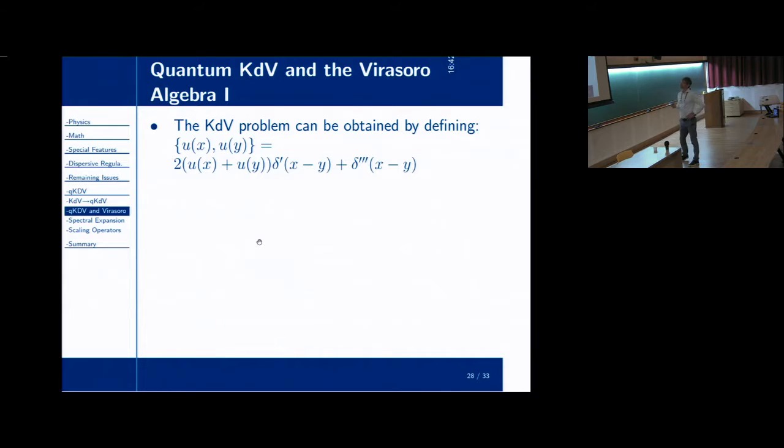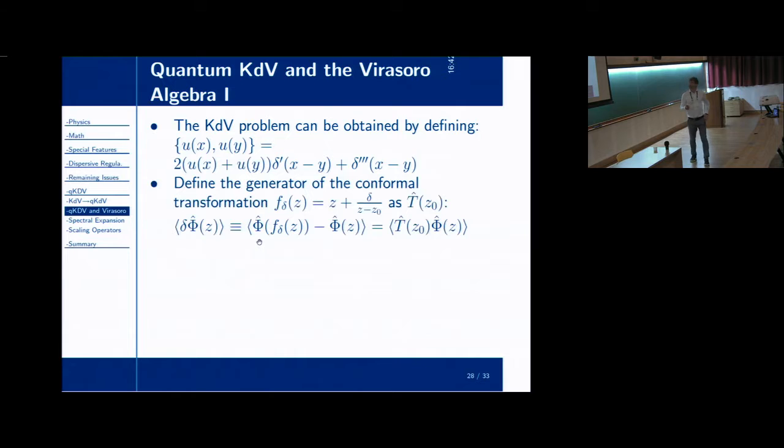And one of the Poisson structures that may be used in order to define the Hamiltonians that describe the KdV problem is this one, namely the function u, which solves the KdV equation at different points in space, will have these Poisson relations. And this Poisson structure is intimately related to conformal transformations.